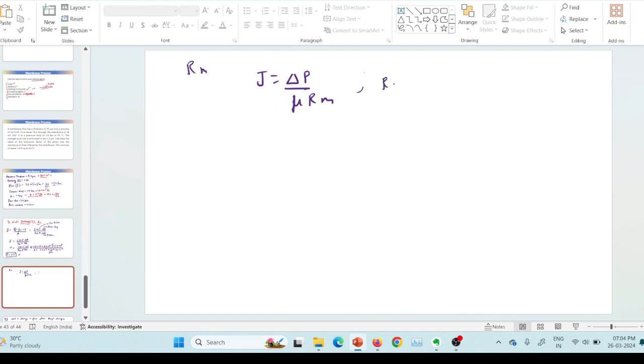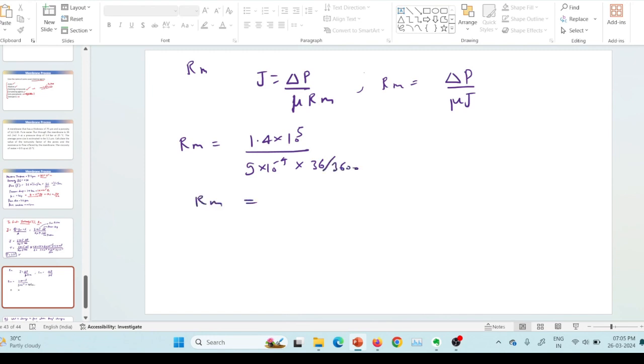Rm will be delta P divided by mu into J. So delta P was 1.4 into 10 to the power 5, divided by mu was 9 into 10 to the power minus 4, into J was 36 divided by 3600.